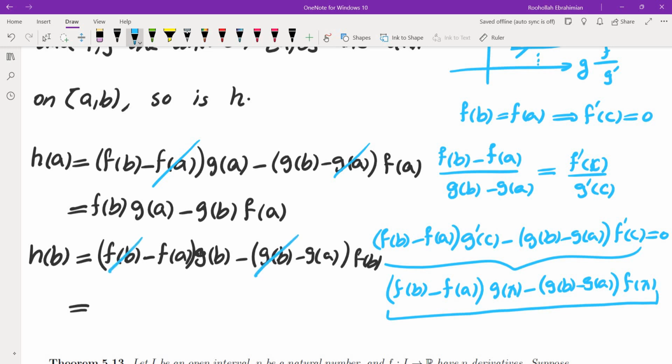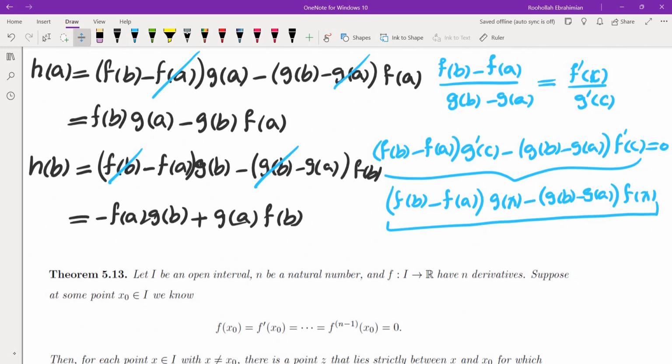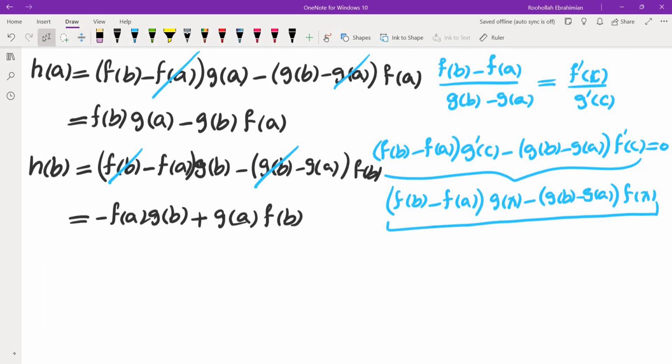So here I have f(b)g(b) in the first parenthesis, and the other one has minus f(b)g(b) in the second parenthesis. So then I would get minus f(a)g(b) plus g(a)f(b). And if you compare these two, you realize that in fact they are the same.